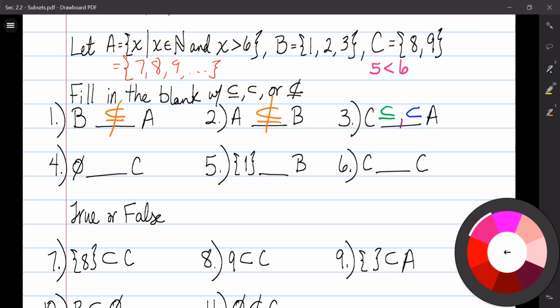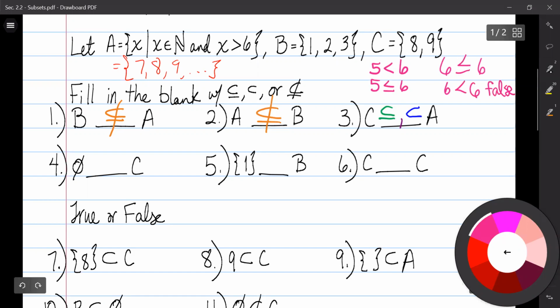I could also say 5 is less than or equal to 6, that would be true. But if I said 6 is less than 6, that wouldn't be true. I could say 6 is less than or equal to 6, but 6 is less than 6 would be false, all right? But those other ones are true. So it's the same kind of thing. Every subset is a proper subset unless it's equal.